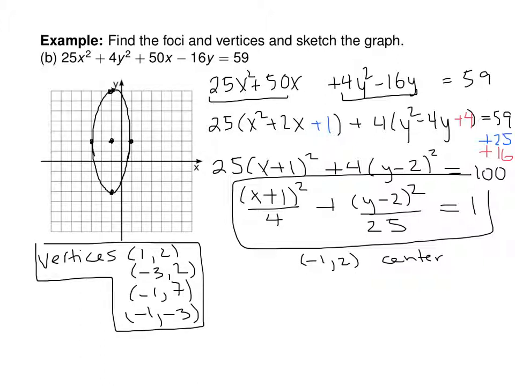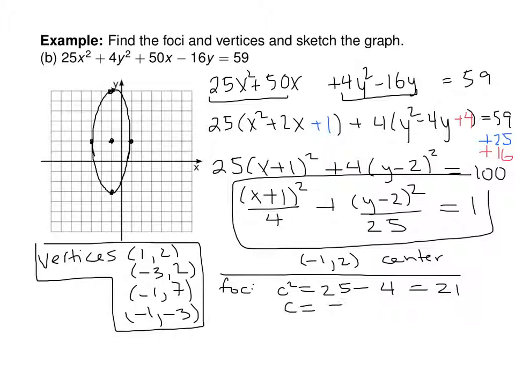And let's find the foci. So c squared will be 25 minus 4, which is 21. So c is equal to plus or minus root 21, which is about equal to 4.58. So that's 4.58 up or down from our center because of the major axis being the vertical one.